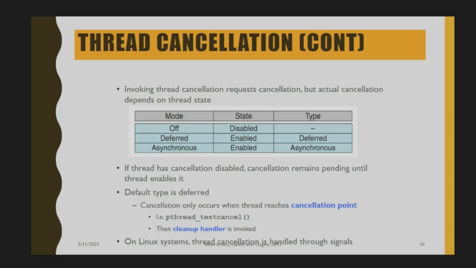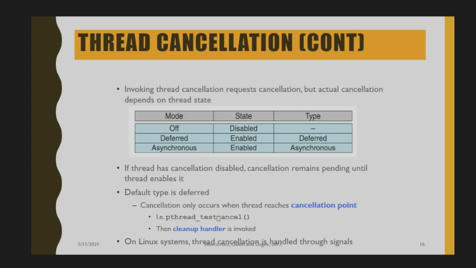The process is by invoking the thread cancellation request, but the actual cancellation depends on the thread state. Here we have the modes: off, deferred, and asynchronous, with states disabled, enabled, and enabled.